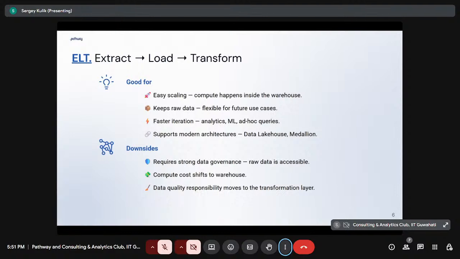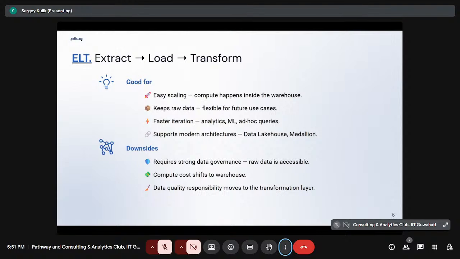But the fact is, when we do ELT, we always have the raw data in our analytics cluster, which allows us to implement more calculations later if we decide that we need them, and it's easier to scale this pipeline in terms of adding more and more computations. And it helps us to iterate faster.